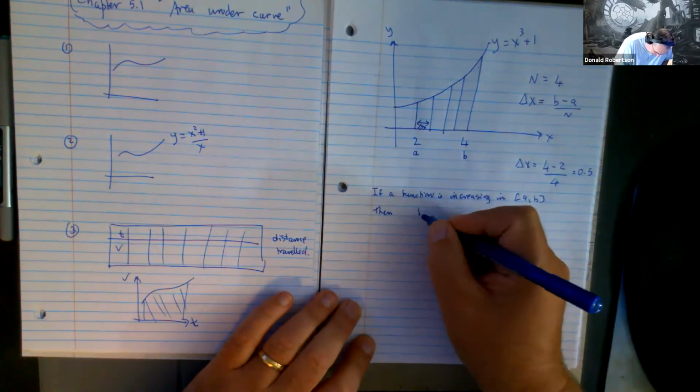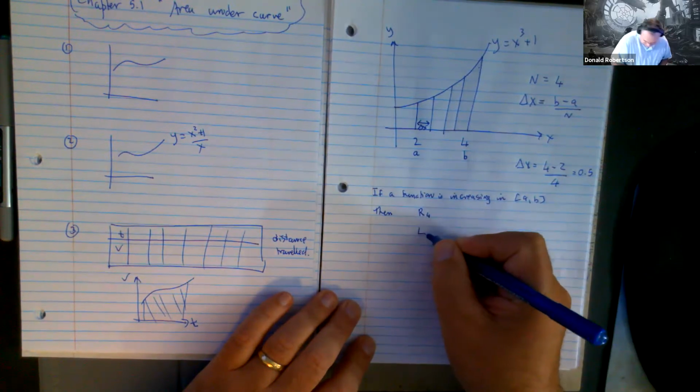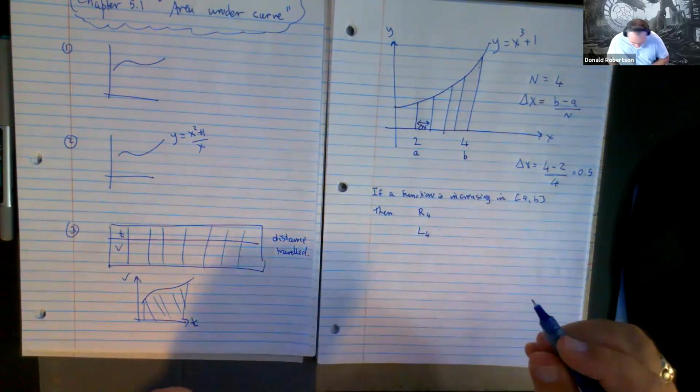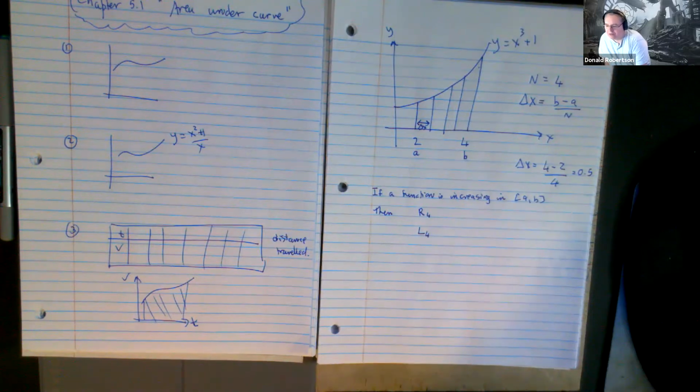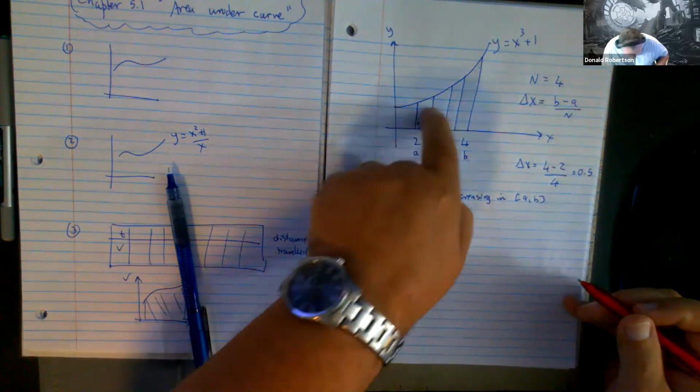If I find an R4 and I find an L4, one of those two is going to be an overestimate. It's going to be bigger than the real answer. And the other one's going to be an underestimate, which is less than the answer. So let's see what we get if you are dealing with an increasing function.